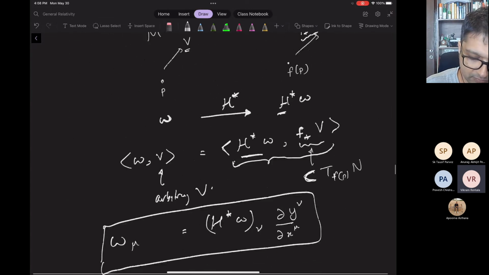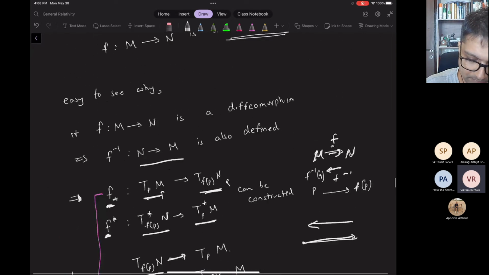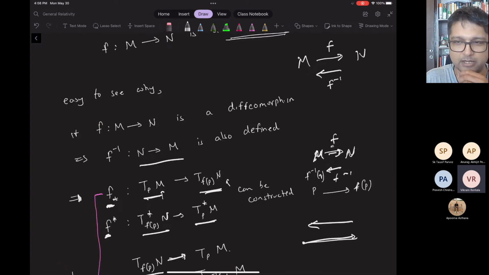When f is a diffeomorphism, then you have a mapping from M to N, which is f, but you also have the inverse mapping, f inverse, from N to M. And when you have both of these, then you can push forward vectors using f, and you can pull back dual vectors also using f.